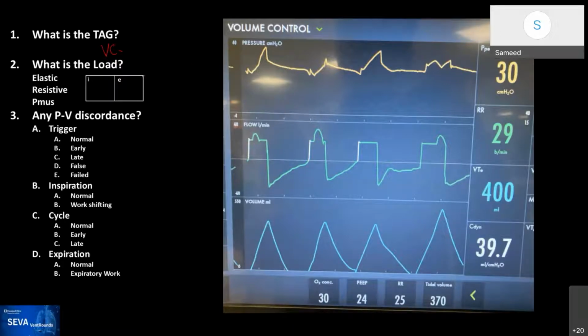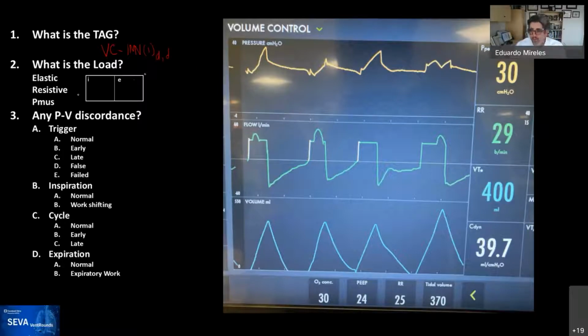So I would say it's VC-IMV type 1, and it's DD. Okay. All right. Very good.